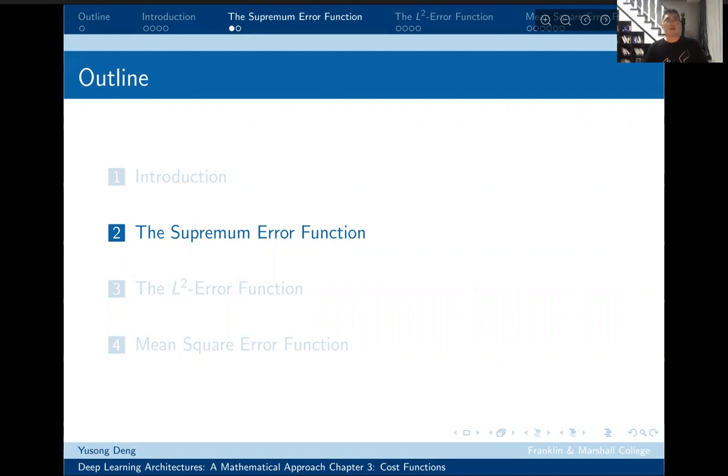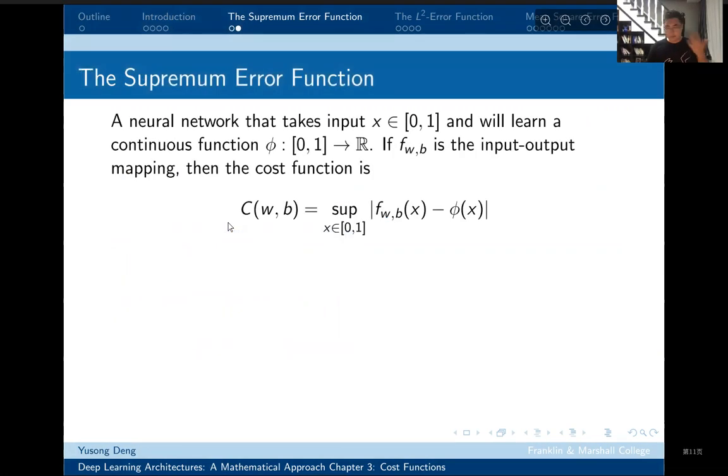And the first one is the supremum error function. If you are familiar with analysis, you should be familiar with the supremum. Here is an example.